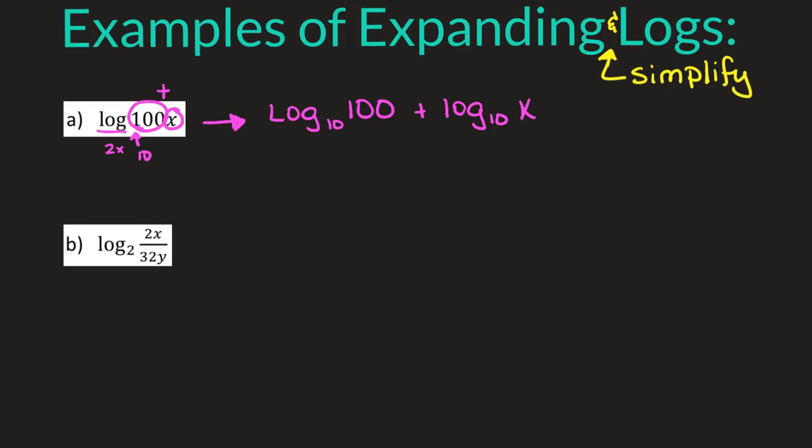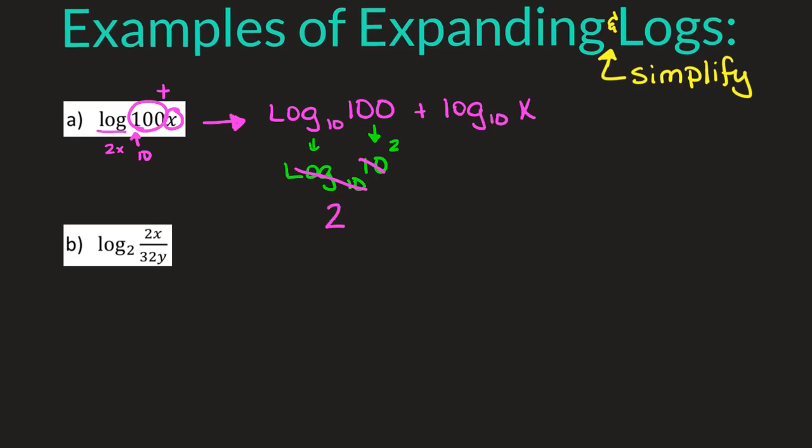Now, the directions say that we want to simplify where we can. To do that, let's take a look at this log base 10 of 100. I know I can rewrite 100 as a base of 10 with a power of 2, which is good. So I can bring down log base 10 of 10 squared, and our identity properties earlier told us that if the log base 10 and the 10 match, then our answer would equal 2.